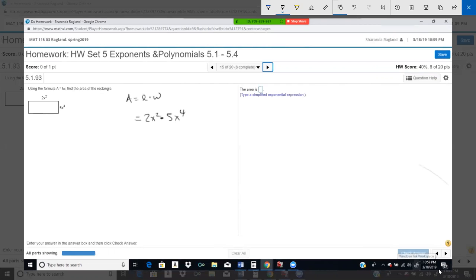So we just finished dealing with this. So basically, what do you get? 2 times 5 is 10. And then x squared times x to the 4th is x to the 6th because you add the exponents. So the area is 10x to the 6th.